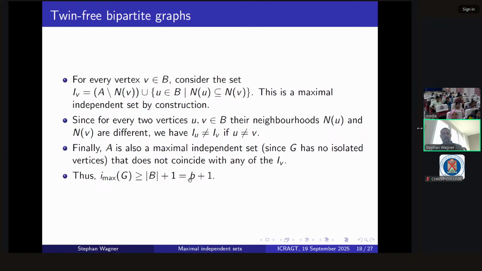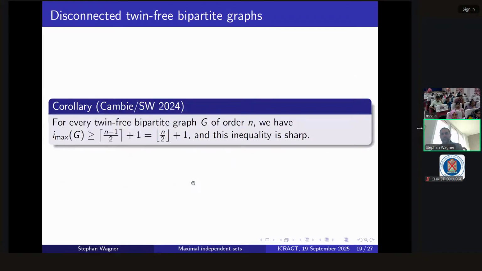Now, given just the order n, the larger of the two partite sets has at least n over 2 rounded up many vertices, so I can say this is at least n over 2 rounded up plus 1. Things do not change very much if I allow disconnected graphs.